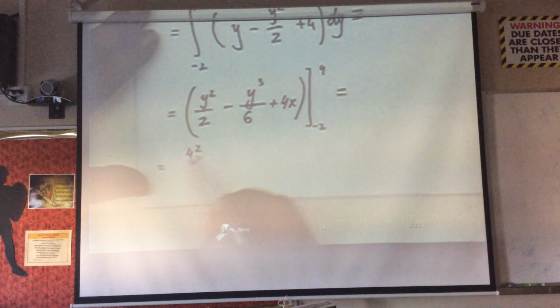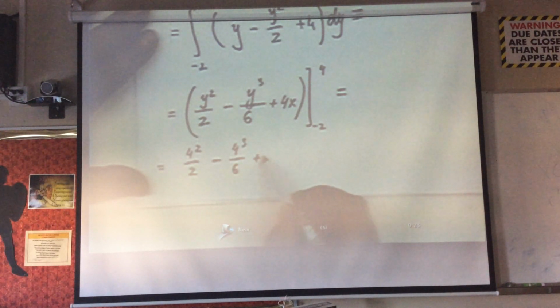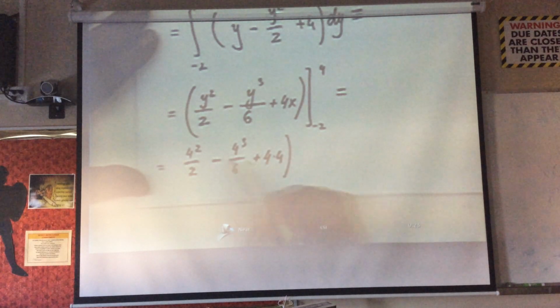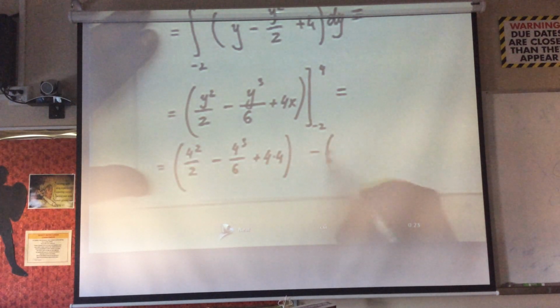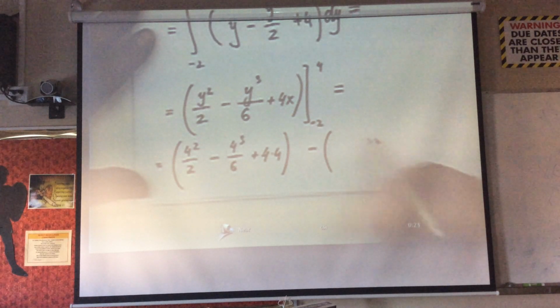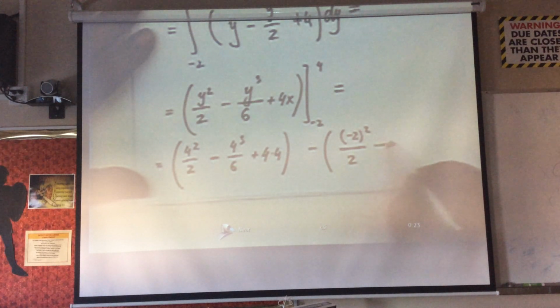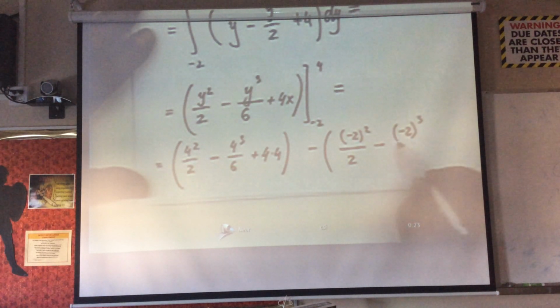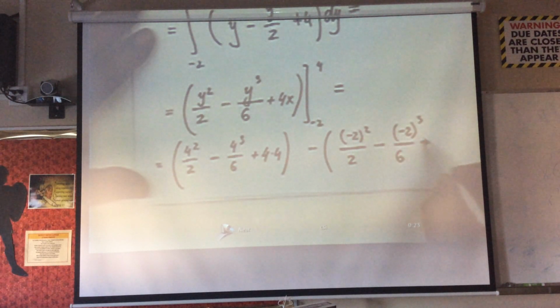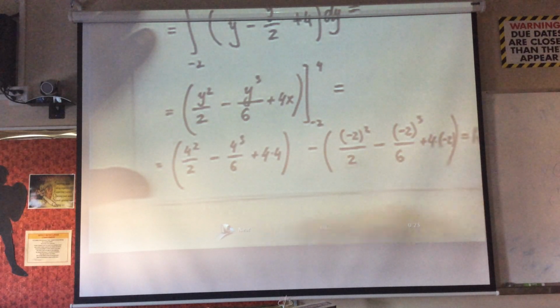I have 4 squared over 2 minus 4 cubed over 6 plus 4 times 4. And then we'll subtract, and we'll substitute negative 2. So you get negative 2 squared over 2 minus negative 2 cubed over 6 plus 4 times negative 2, and the answer will be 18.